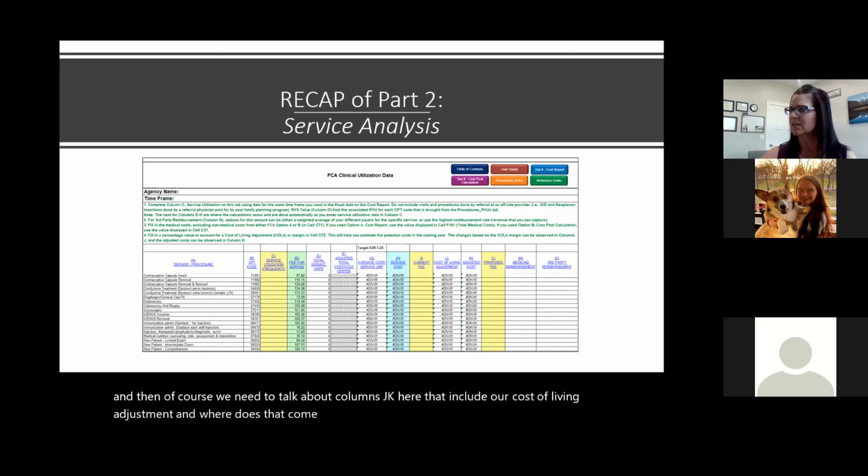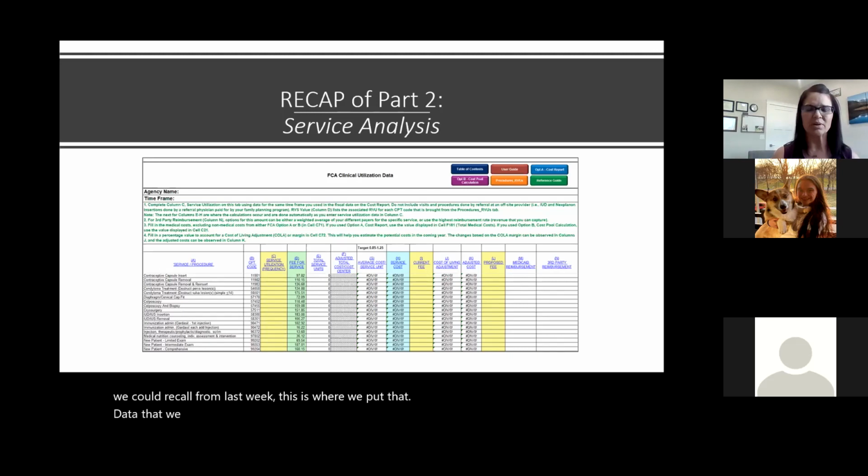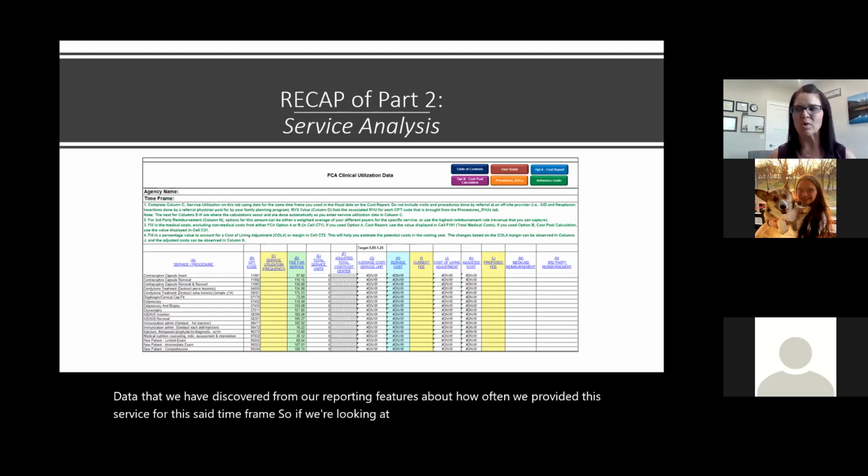So as we take a look here, in column C, as we recall from last week, this is where we put that data that we have discovered from our reporting features about how often we provided this service for this said time frame. So if we're looking at services for 2020, how many times did we provide 11981 during that time frame?